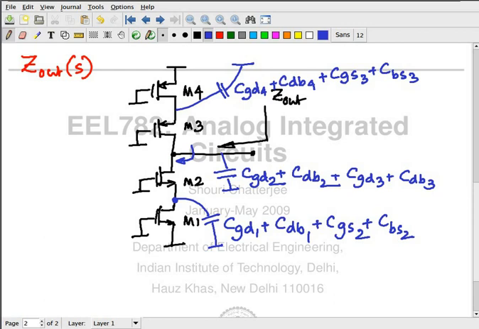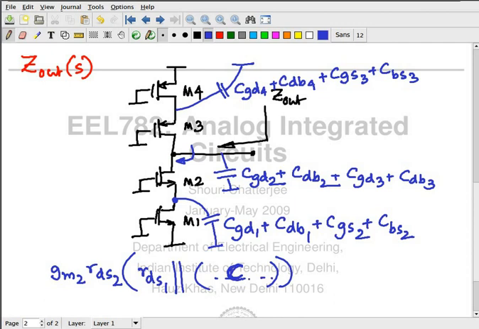Okay? So what do you think is going to happen? You are looking downwards. What you see is GM2 RDS2 times RDS1 in shunt with some capacitors. Let's call it C1.